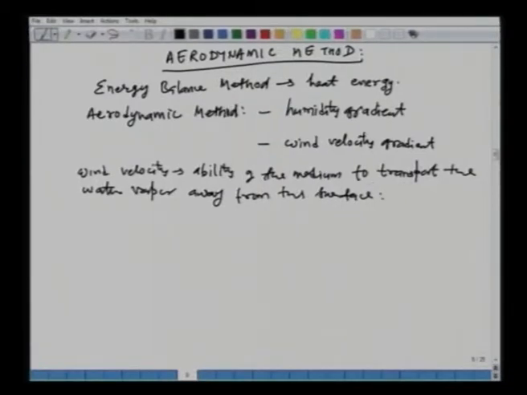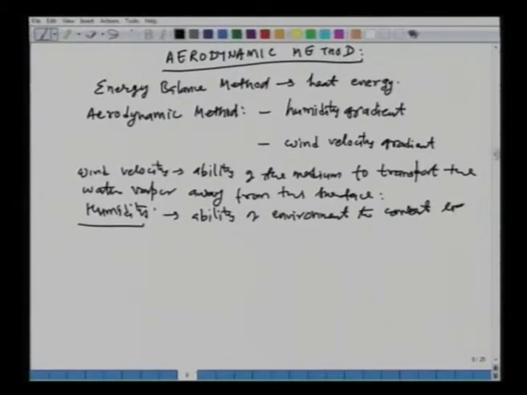And how about the humidity? Humidity dictates the ability of the environment, or the climate, to convert liquid to gaseous state.